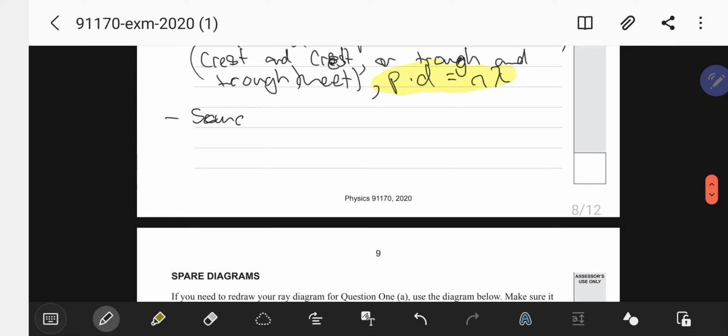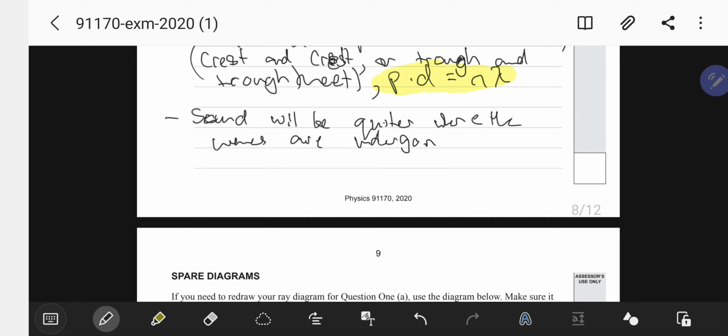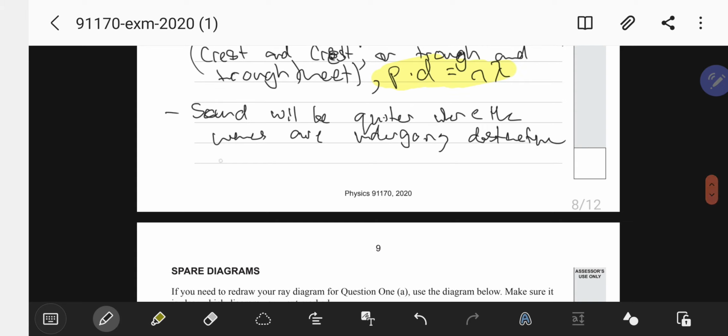Sound will be quieter where the waves are undergoing destructive interference at these points.